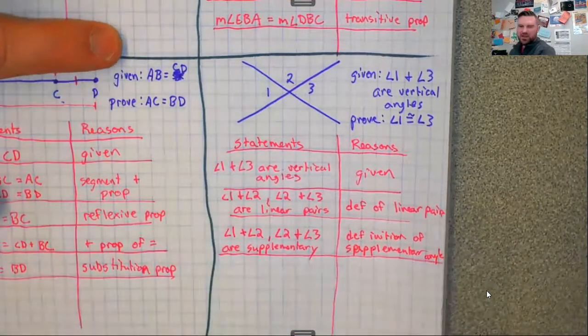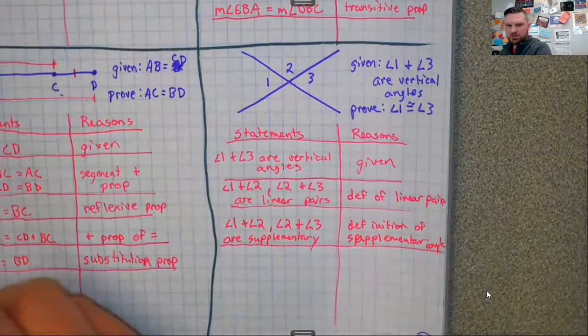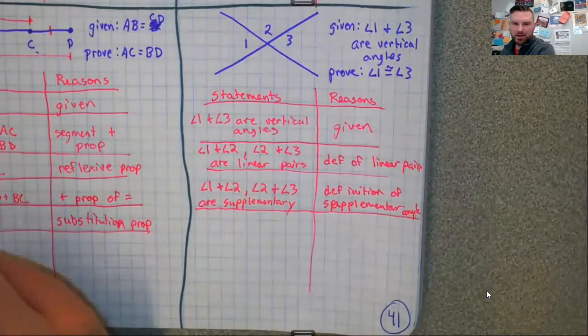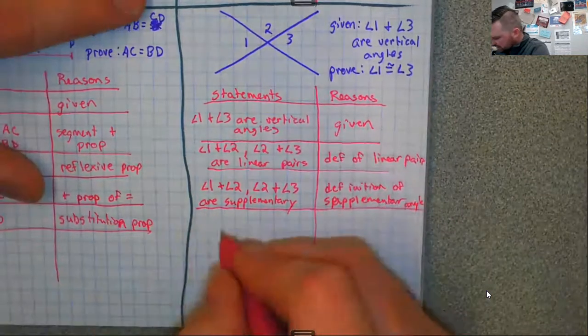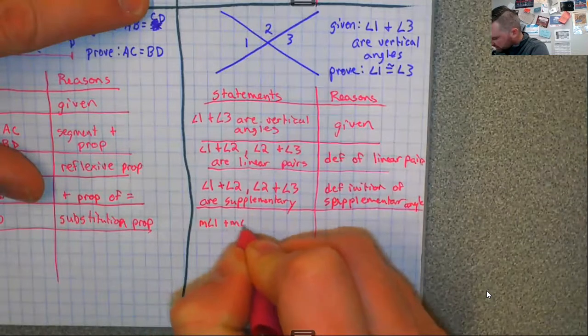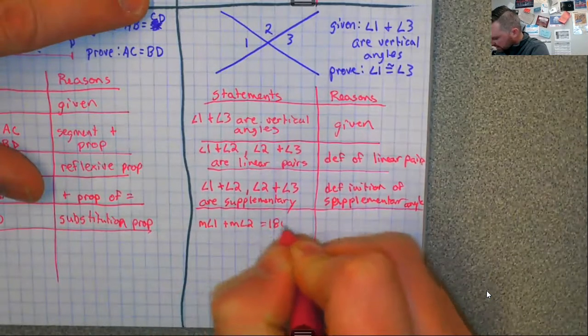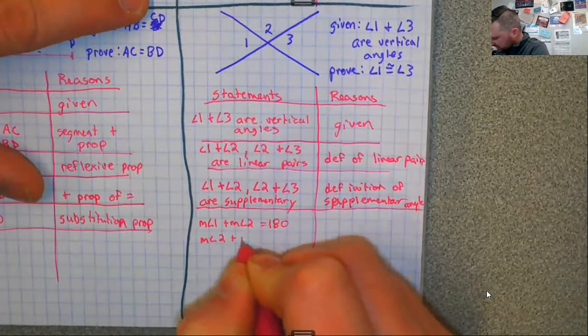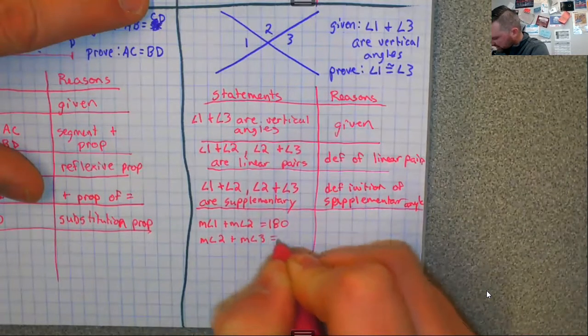Okay. Now, I'm going to change gears just a little bit. Because they're supplementary, we know that they add up to 180. So we can say the measure of angle 1 plus the measure of angle 2 equals 180, and the measure of angle 2 plus the measure of angle 3 also equals 180.